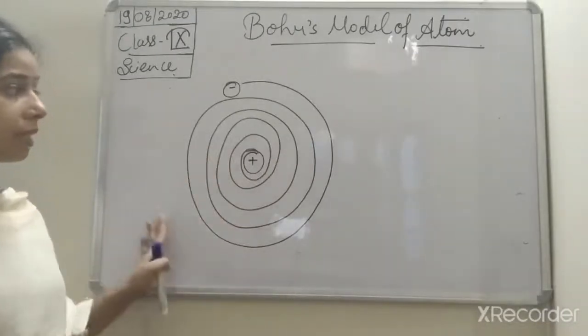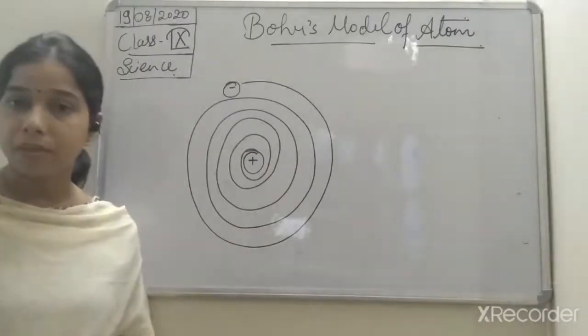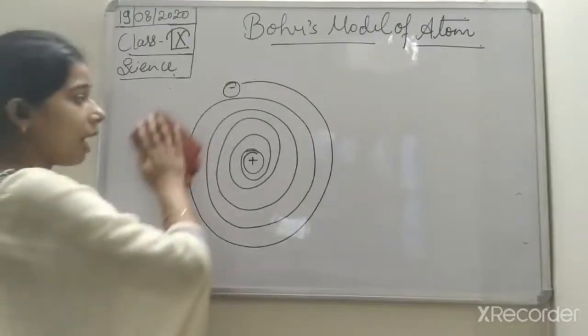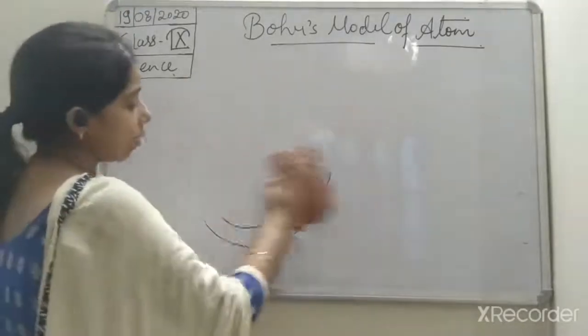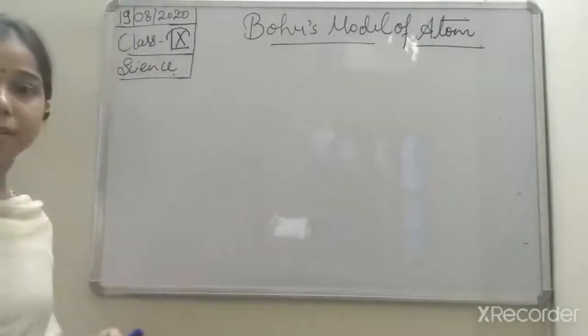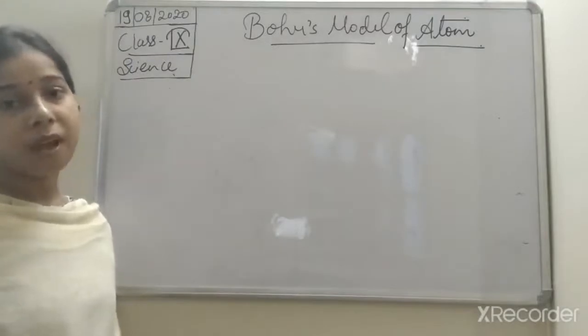We can say that the atom finally collapses, but you know that it never happens. This limitation was explained by Niels Bohr, and on that basis he gave a model of an atom, and that is Bohr's model of atom.